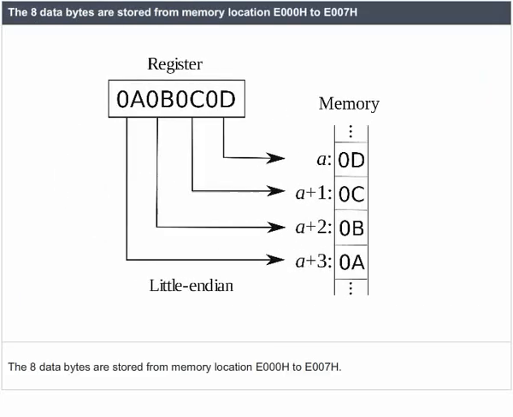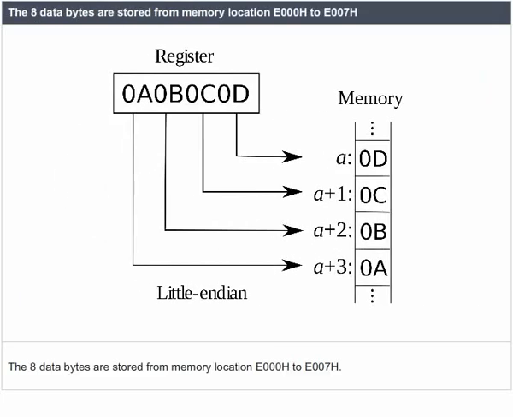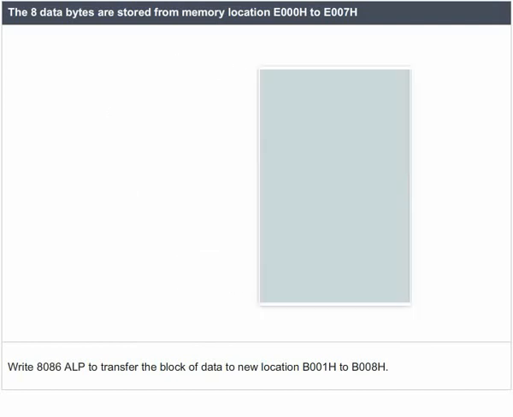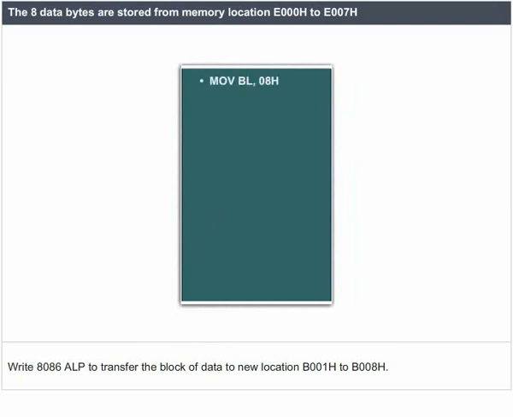The 8 data bytes are stored from memory location E000H to E007H. Write an 8086 ALP to transfer the block of data to a new location B001H to B008H. MOV BL, 08H. MOV CX, E000H.